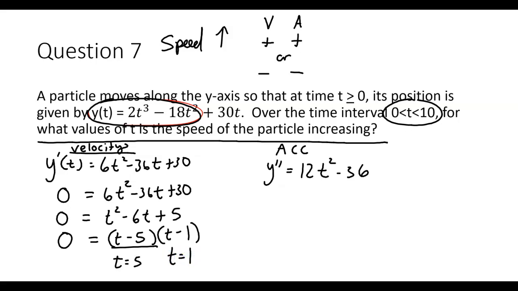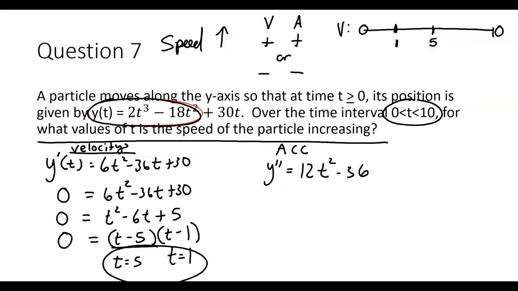All right. So I'm going to make a number line here for velocity at the top. We're only going from 0 to 10. Both of these numbers are on that interval. So 1 would probably be right about here, and 5 would be in the middle.